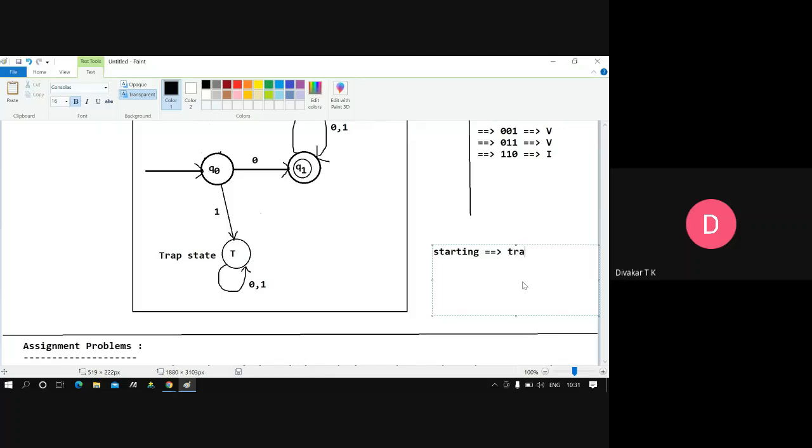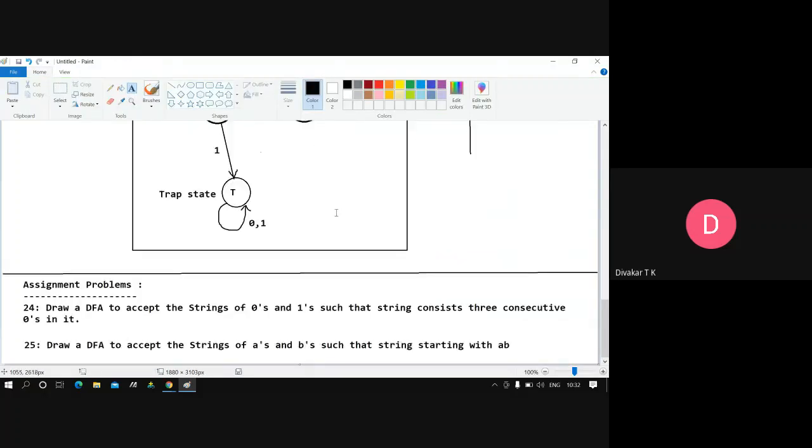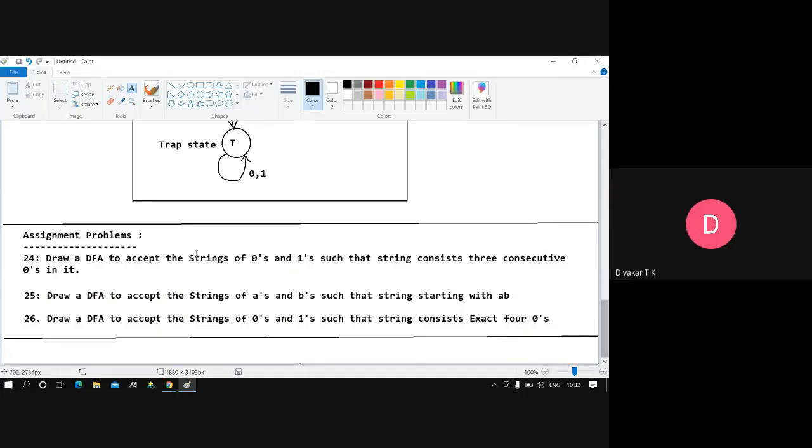Keep that concept in mind. The unused symbol is passed to the trap state, and the trap state always has a self loop with both the symbols, or all the symbols. Also we have given assignment problems. Just try out these assignment questions, guys.